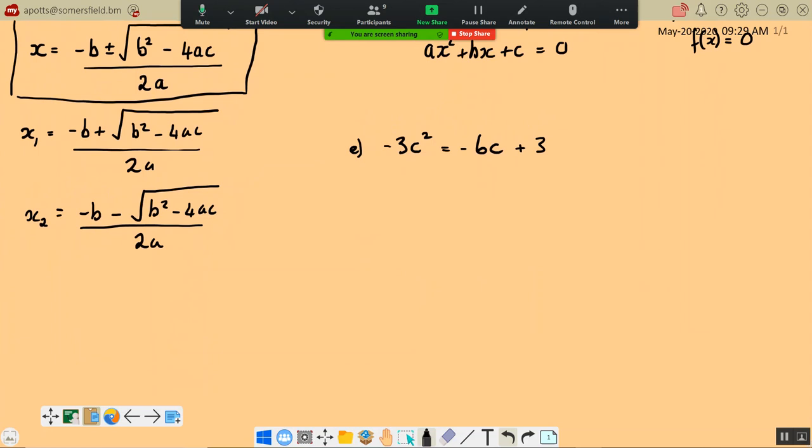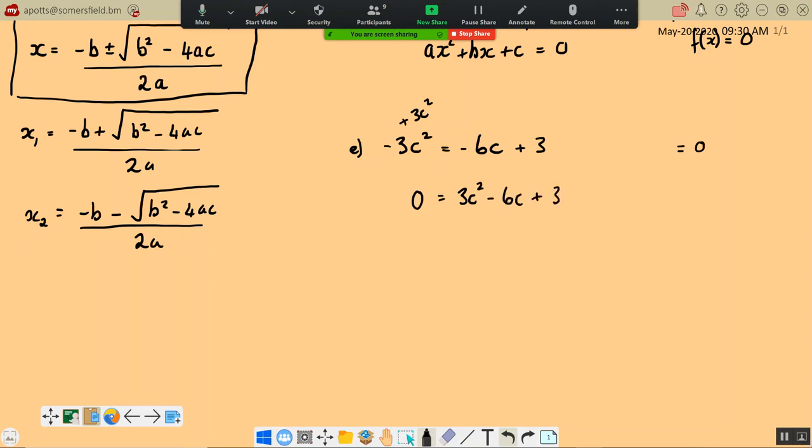So we've got to make it equal 0. So we're going to add the 6c. Oh, actually, no. You told me something else, didn't you? Add the 3c squared is easier, isn't it? So let's add the 3c squared, gives me 0 on this side, and then 3c squared minus 6c plus 3.